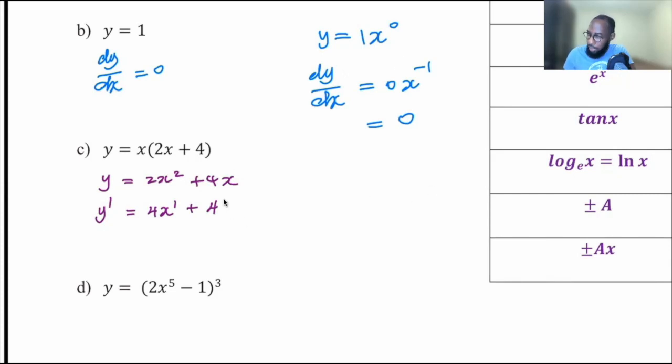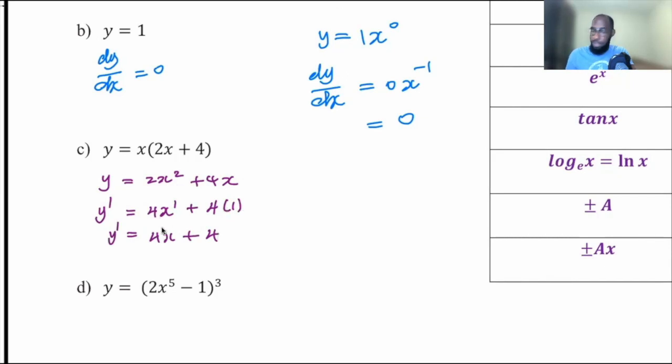So you could write 1 here, right? You can write 1 here if you want, and then say, well, y prime is equal to 4x plus 4, right? You don't have to do this. Just differentiate, get your answer here one time. This extra step, not necessary.